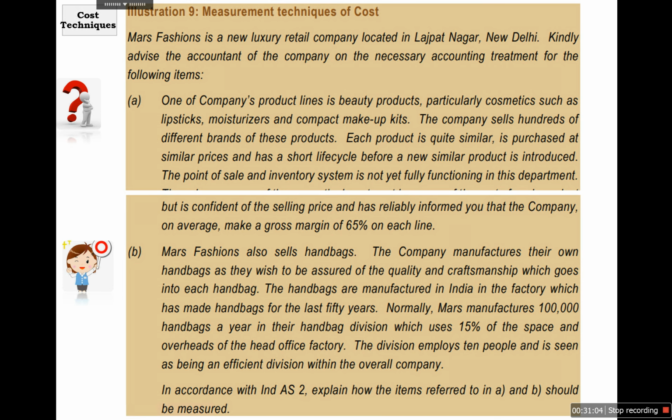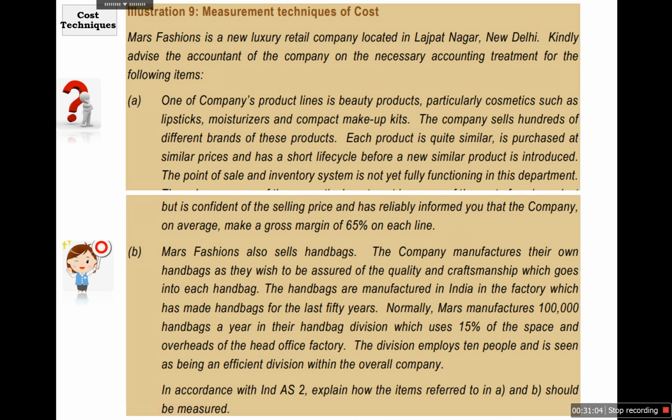And in these cases the replacement cost is the best NRV method. So materials and supplies will be subjected to devaluation only if the final product in which those are being used is going to be sold at less than the cost.